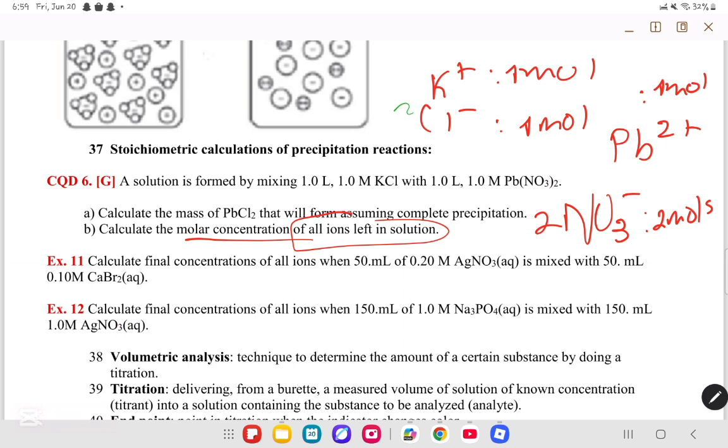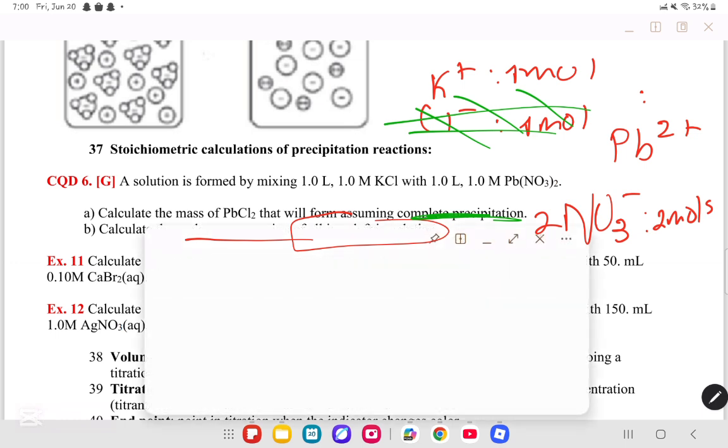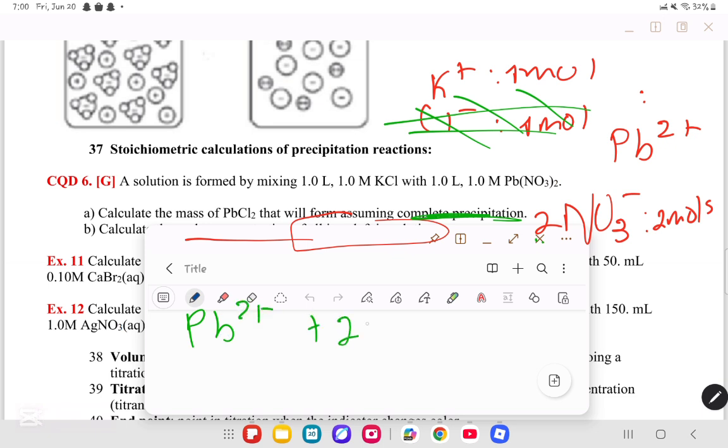So basically, because Cl minus was used completely, it was a complete precipitation, and it's the limiting reagent. That means it was used up completely, right? And we also used, you have to take this from before, 0.5 moles of Pb2 plus, because Pb2 plus 2Cl minus gives us PbCl2, right?